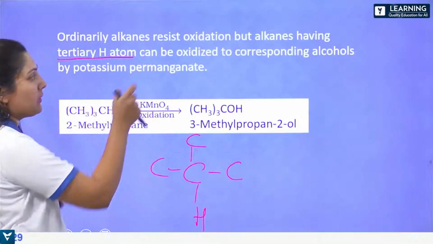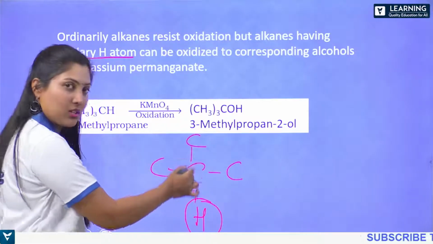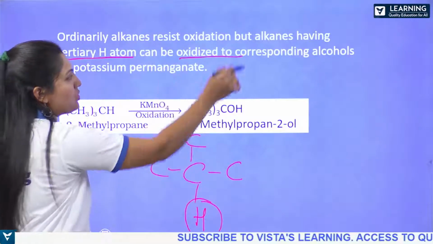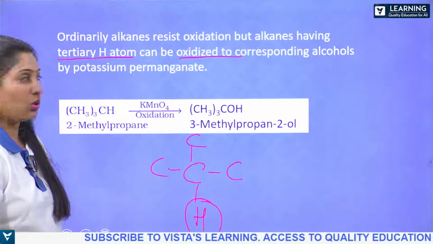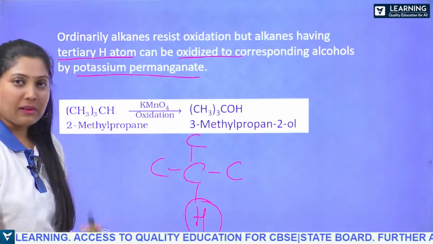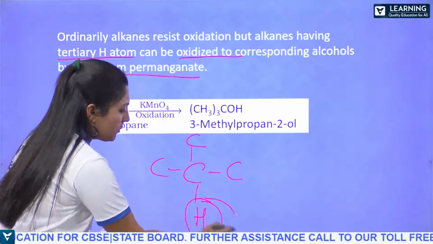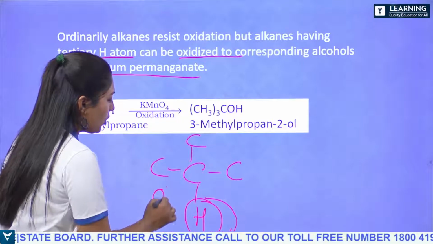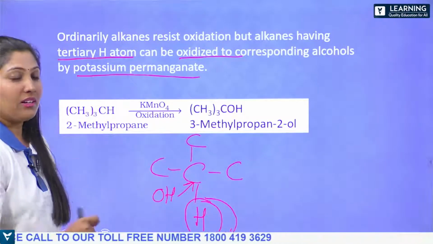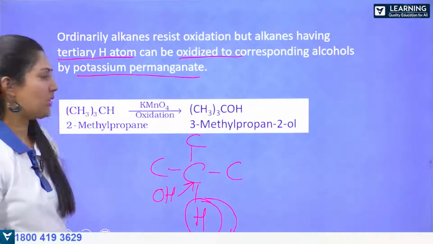So that carbon atom, the tertiary carbon atom linked to a hydrogen atom, can be oxidized to the corresponding alcohol by potassium permanganate. In the presence of potassium permanganate, H can be removed and OH can be introduced. This is also oxidation. When does it take place? In the presence of potassium permanganate, or KMnO4.